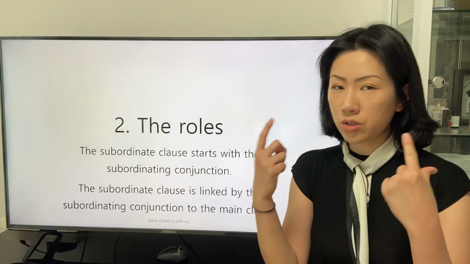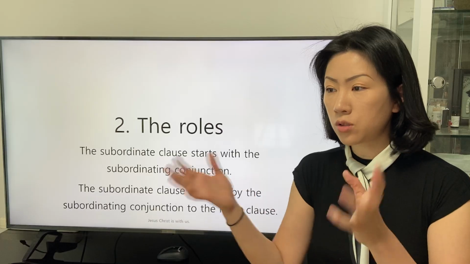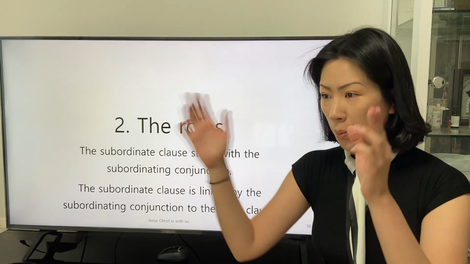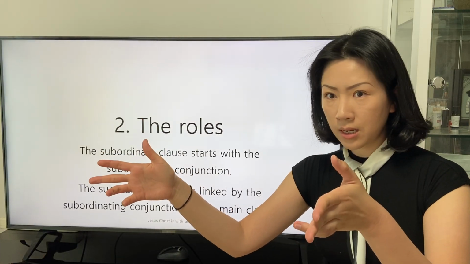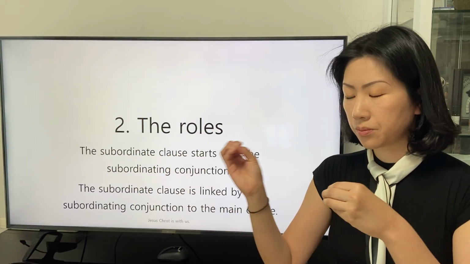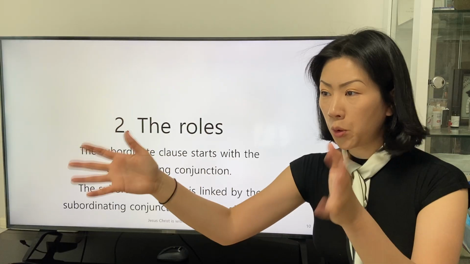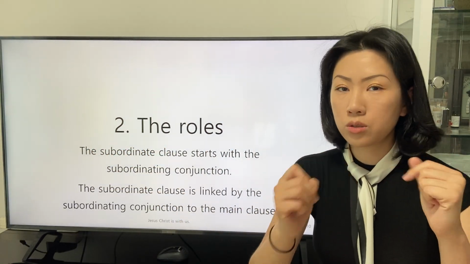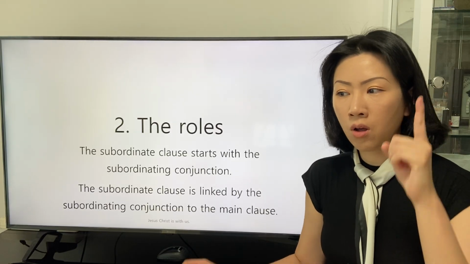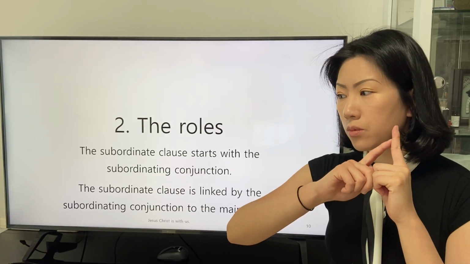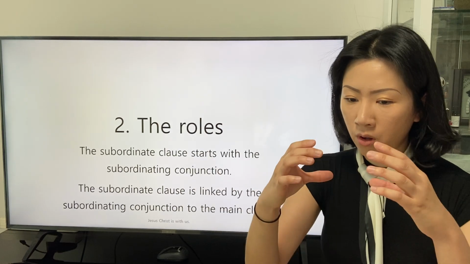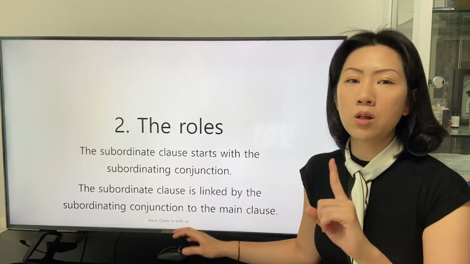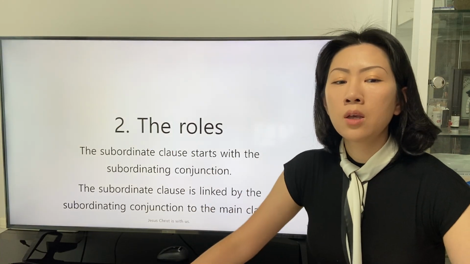We can discern the subordinate clause because the subordinate clause follows the subordinating conjunction. So we can say that the remaining part after the subordinating conjunction is the subordinate clause of the whole sentence.